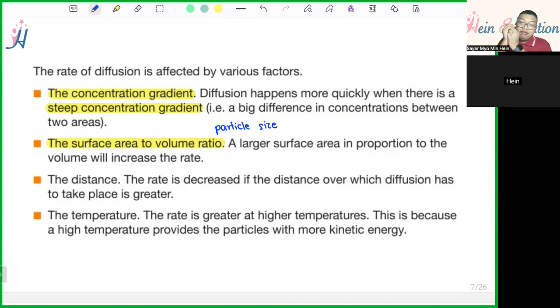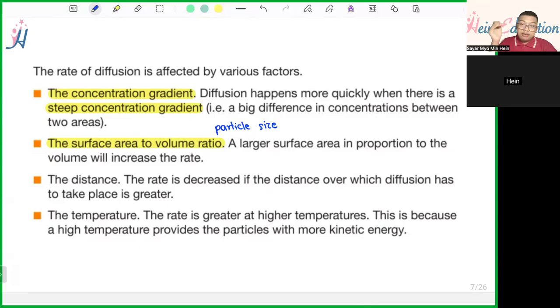If the size of the sugar particle is a bit larger, it takes time to fully dissolve, or we have to stir for a while for the sugar molecules to dissolve. But these days you can find sugar that is a very fine powder, and those dissolve very easily, right? So that is the example of surface area to volume ratio.